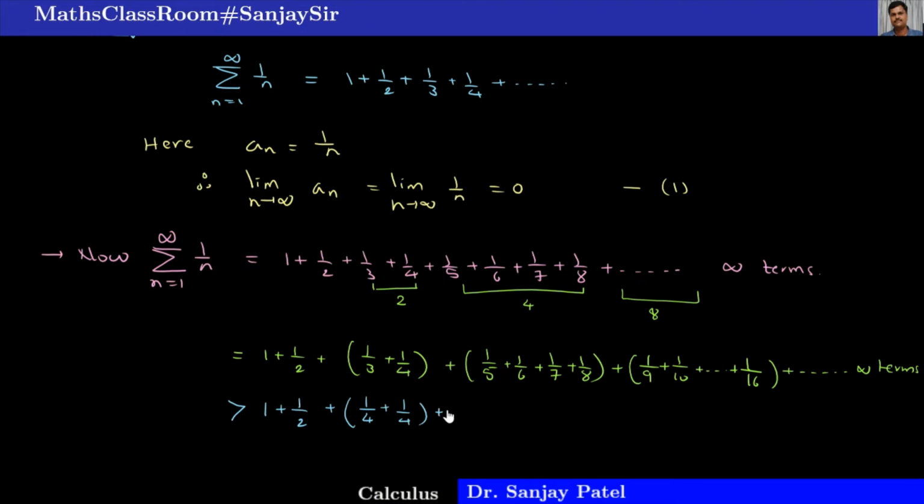So I can write this as 1 by 8 plus 1 by 8 plus 1 by 8 plus 1 by 8, and it is 4 times, correct? And remember this greater than sign is there. So this sum is strictly greater than this sum. And we are adding all such sums. Same way, what you will get here is replacing in the third bracket all numbers by the smallest number, that is 1 by 16.